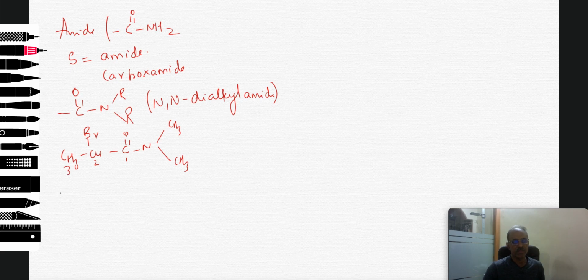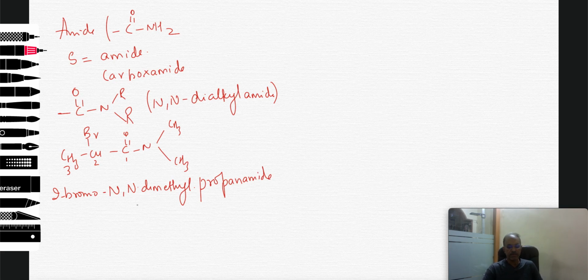Then it will be 2-bromo-N,N-dimethylpropanamide, because at the first position the amide is there. 1, 2, 3, 2-bromo and then dimethyl propanamide.